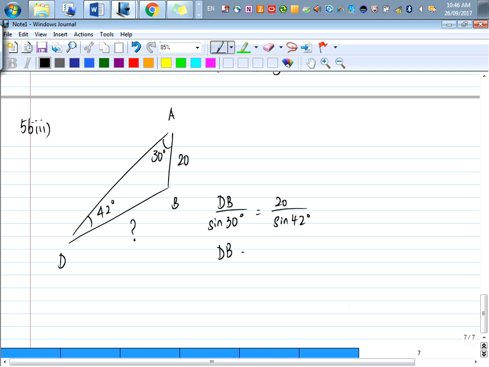So DB equals 20 sine 30 divided by sine 42 degrees. 14.944. Correct? Yeah, 14.9 meters.